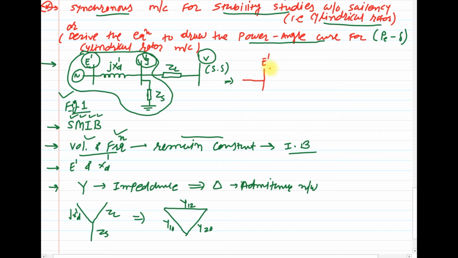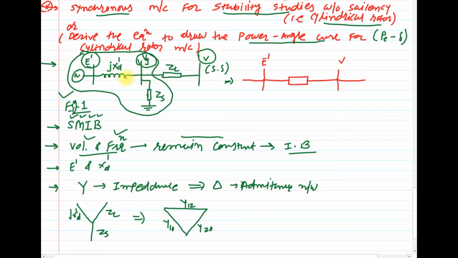I will directly draw the final circuit, which shows that impedance is converted into admittance because we have converted the star network into the delta network. And why do we need to do this? Just to eliminate the generator terminal voltage node VG. Clear? And why do we need to eliminate this node?